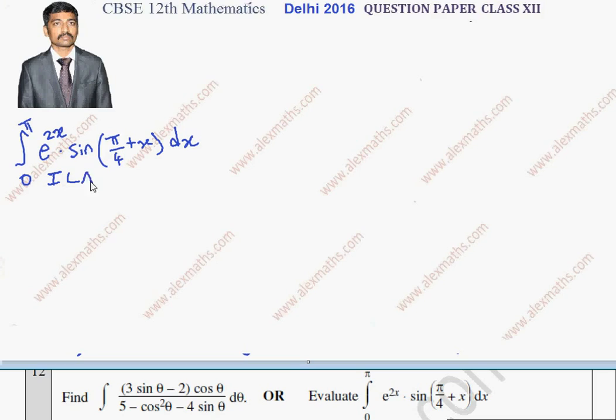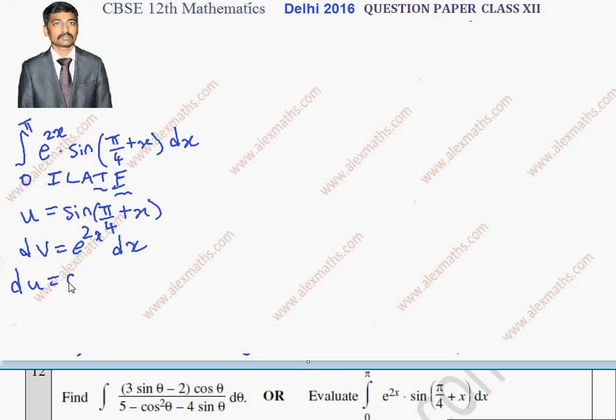So in ILATE we have trigonometric and exponential. So first comes u, that is trigonometric, sine of pi by 4 plus x, and dv is e power 2x dx. From u I have to find du, which is nothing but the differentiation, cos of pi by 4 plus x. Then from the dv I have to integrate and find the v. So e power 2x by 2.